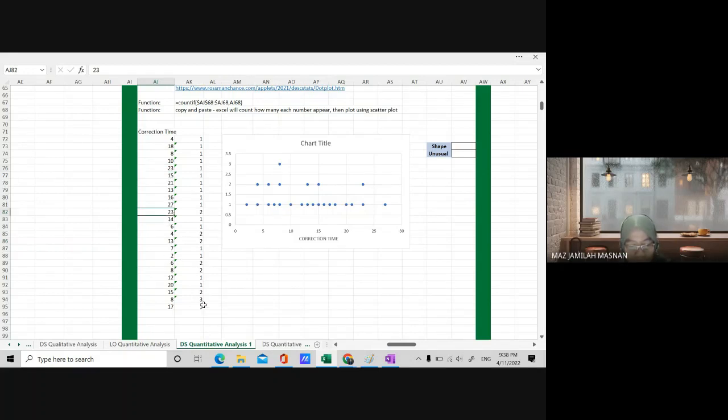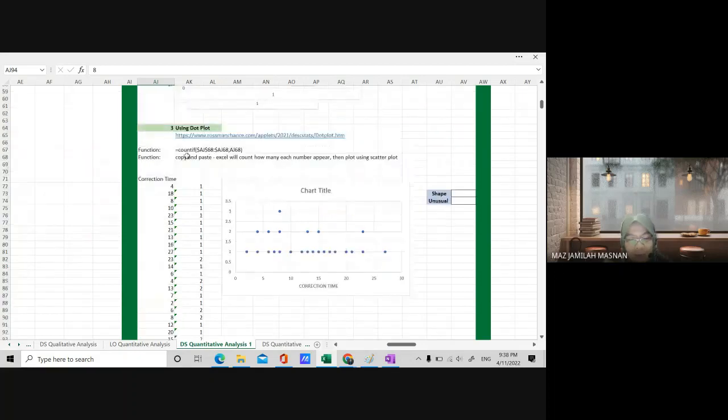For number 8, you have 1 here, 2 here, 3 here. So how can I calculate? I use this function, COUNTIF. Just follow. But remember, class, you can see that the dollar sign only appears in the first.